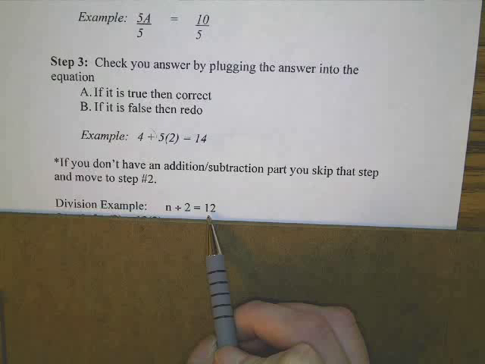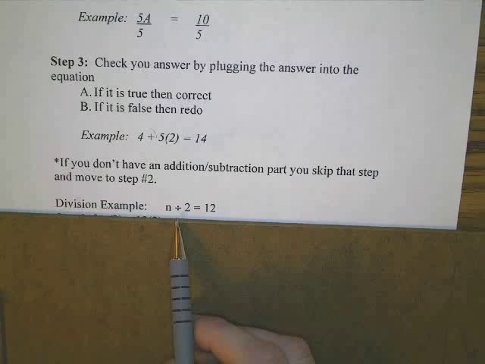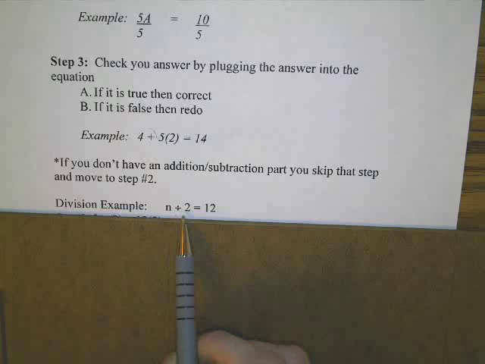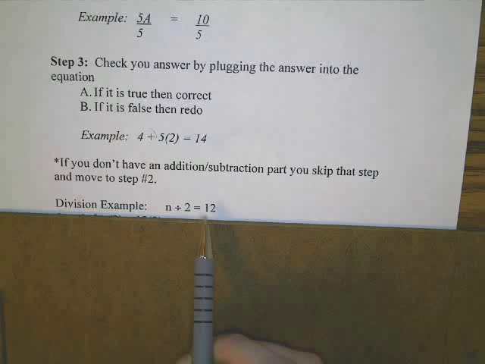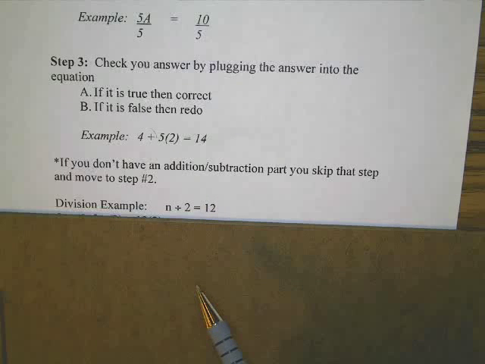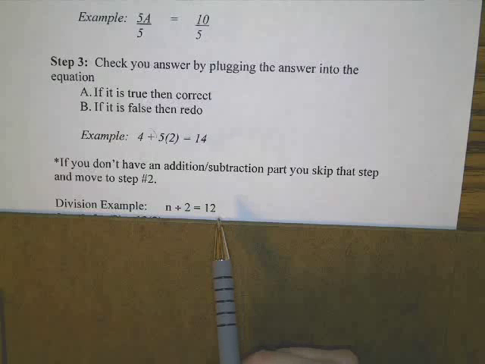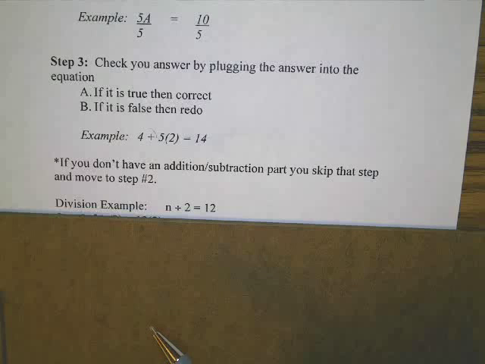If you only multiply 12 times 2, you haven't done anything to this side. Really what you're saying is n divided by 2 equals 24, if you don't say multiply both sides by 2. Does that make sense? Does everyone understand that?